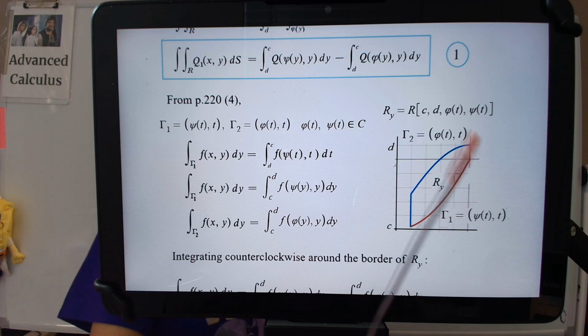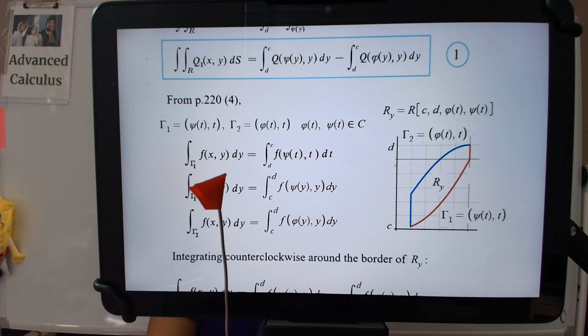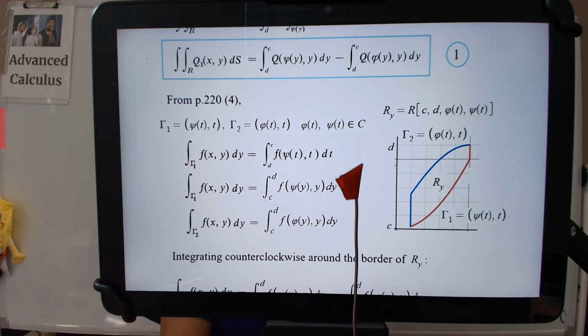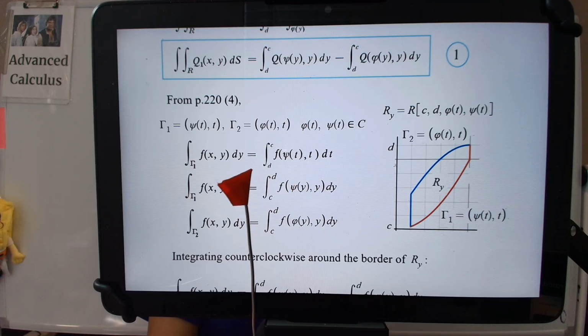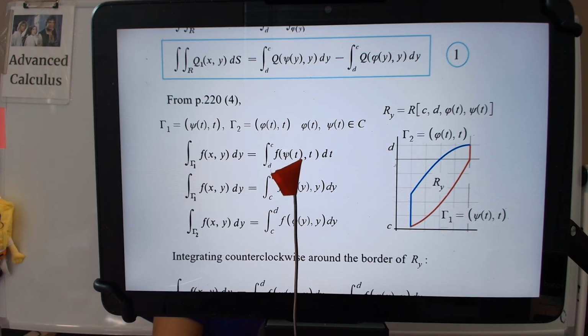So then the rest of the equations work out the same way. Please work this out yourself, okay? Make sure that I didn't make a mistake here. So the integration now goes in the y direction from c to d. We do the same thing here. We set y equal to t, so dy equals dt, and then we come up with these two graphs.